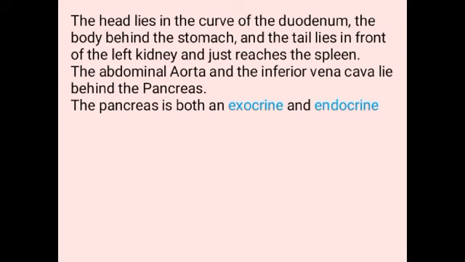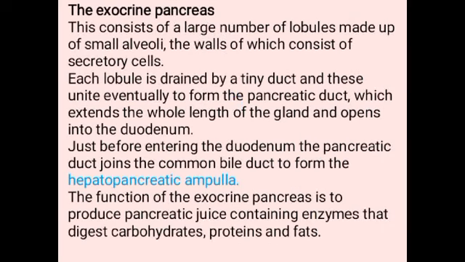So now, how does it work in both exocrine and endocrine? Look at this. First we are going to talk about the exocrine part of the pancreas. What you need to understand is that it has lobules that are made up of small alveoli, and they consist of secretory cells. All these lobules, when grouped together, join up to form what we call the pancreatic duct.